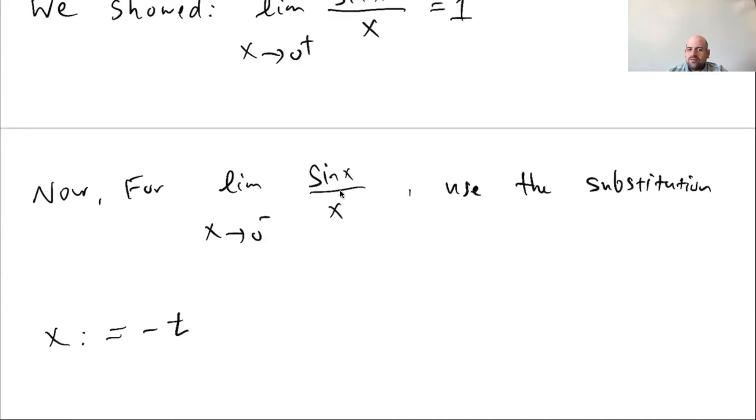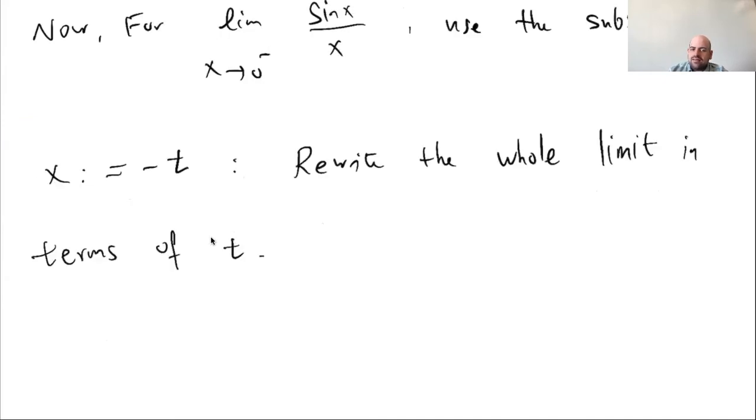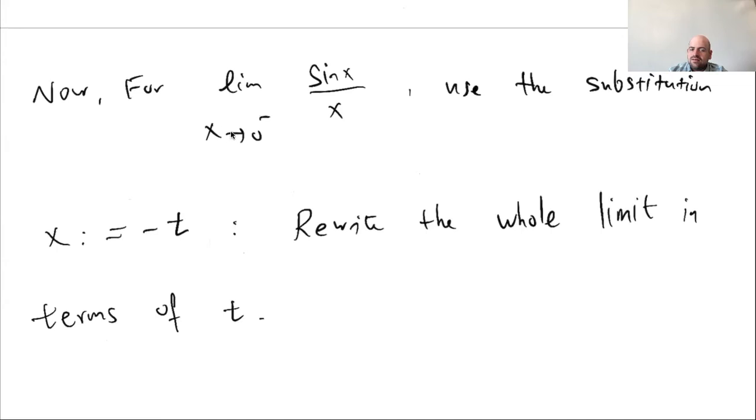Right now the function is in terms of x, and I also have x approaches some number. So I have to replace this expression with t and also this whole expression in terms of t. Do not forget one of them. The same thing goes for integrals. When you use substitution and want to switch from x to t, all the x's must be converted to t. If you have some x's and some t's, a mixture, then that's not acceptable. So all x's must be replaced in terms of t, and vice versa.